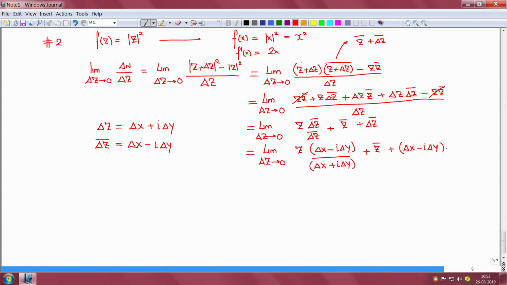We still have to take delta z tending to 0, the limit. And as you know, we mean delta x goes to 0 and delta y goes to 0 independently.